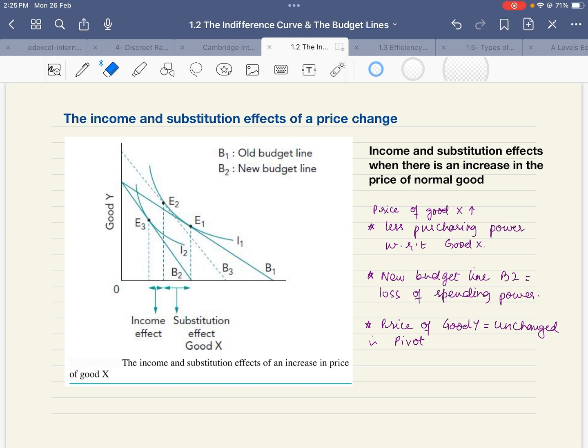One is movement along the curve I1 from point E2 to point E1, right? From point E2 to E1.